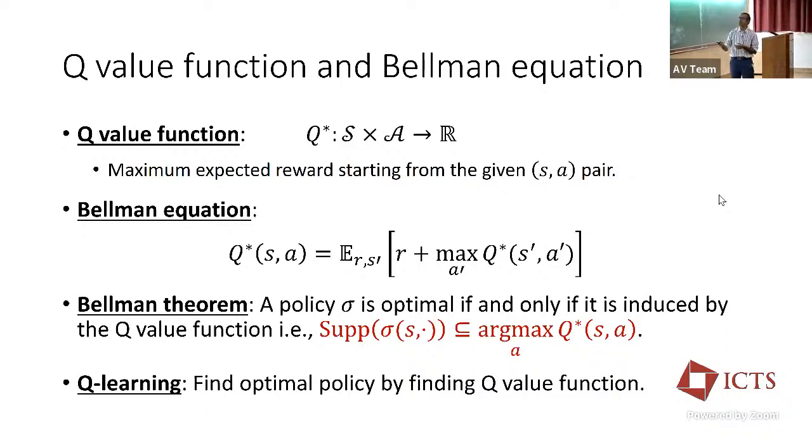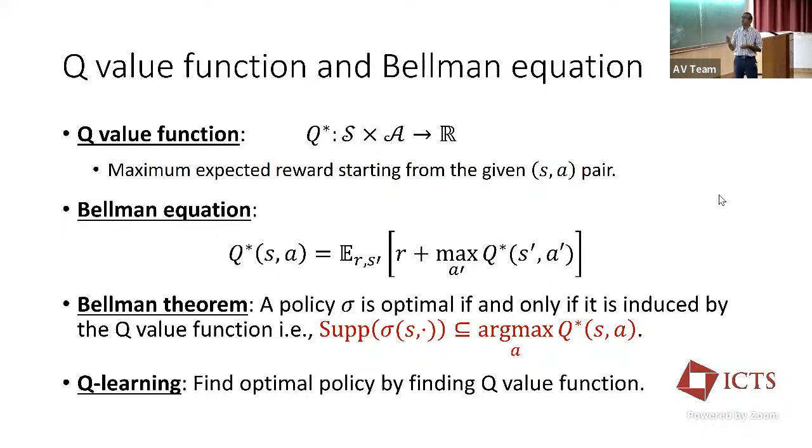So this is the fixed point equation that your optimal Q value function satisfies, right? And then there's this very nice Bellman theorem, which says that a policy is optimal if and only if it is induced by a Q value function.